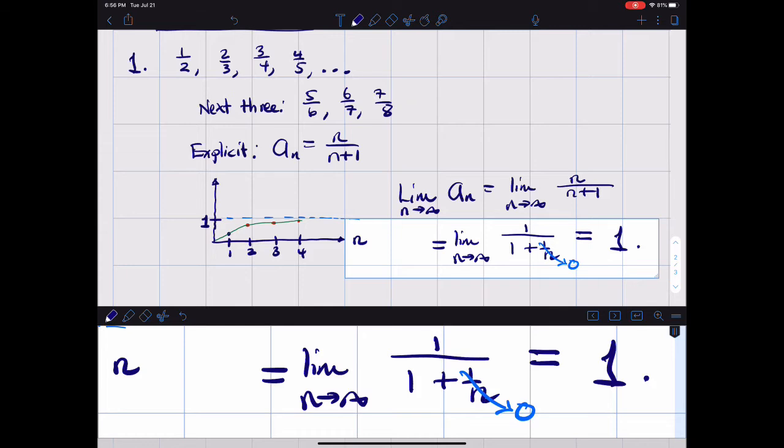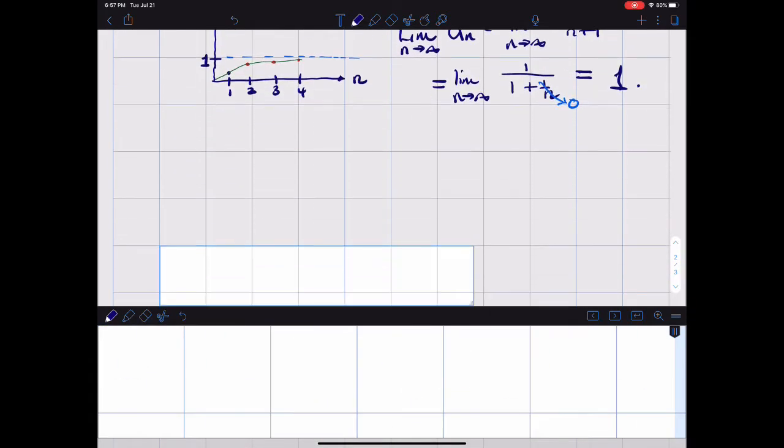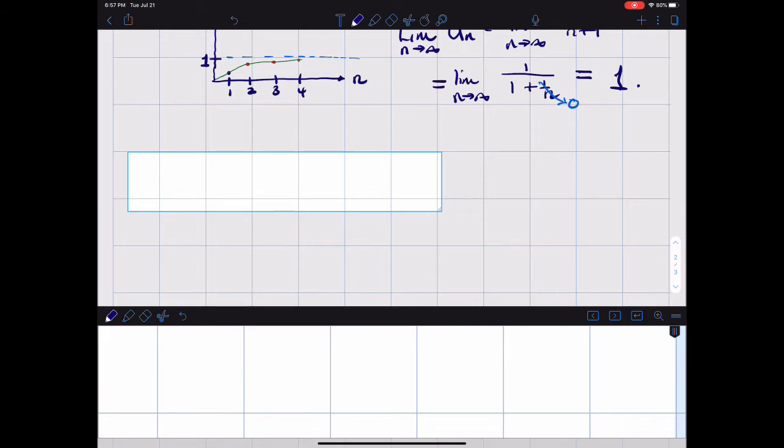All right. Let's do a bunch of other examples. Let's look at some formulas for sequences.